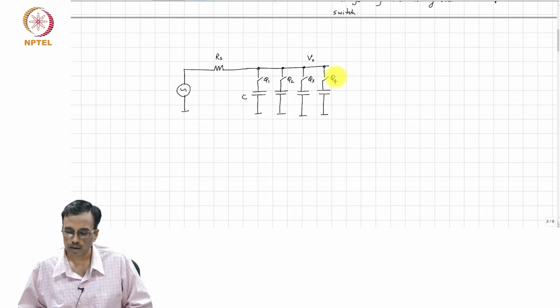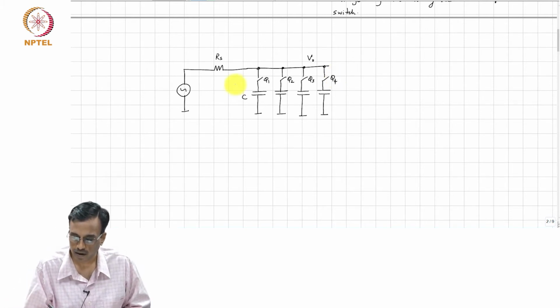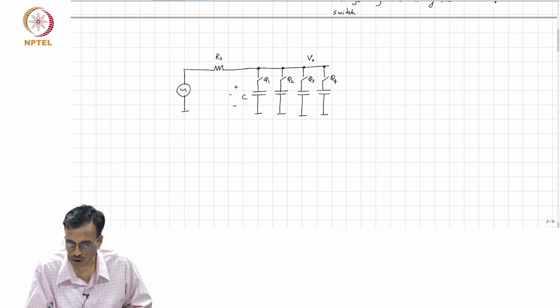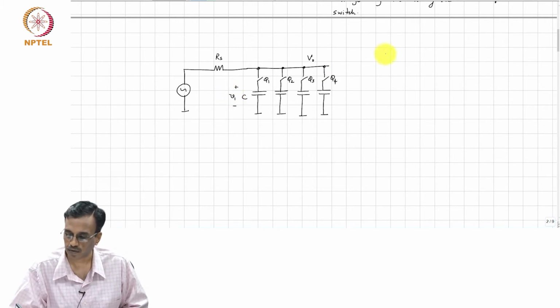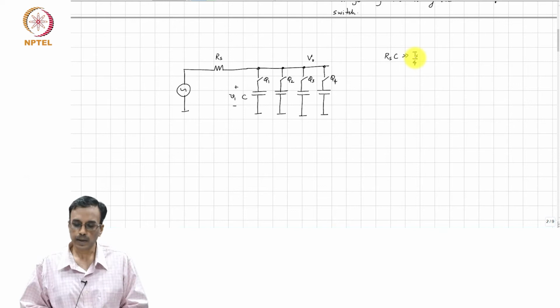All right. And so, let us first figure out what the voltage V1 is, remembering that Rs times C is much greater than Ts by 4, right.